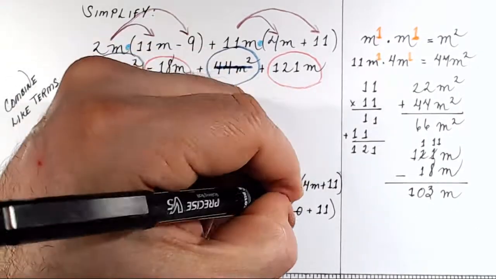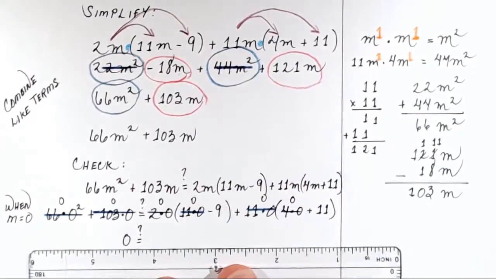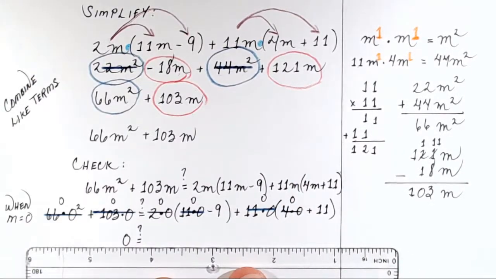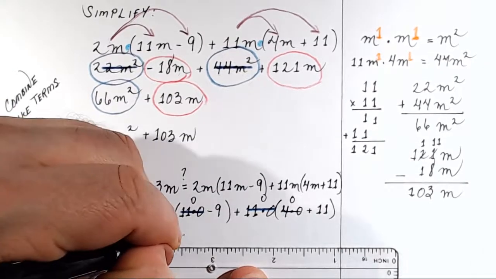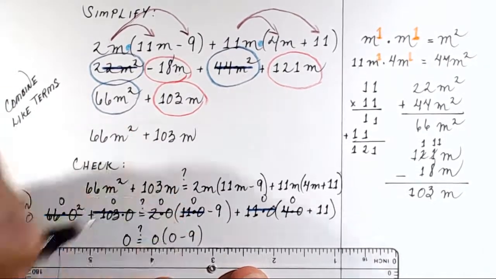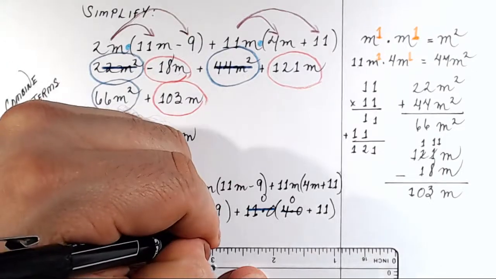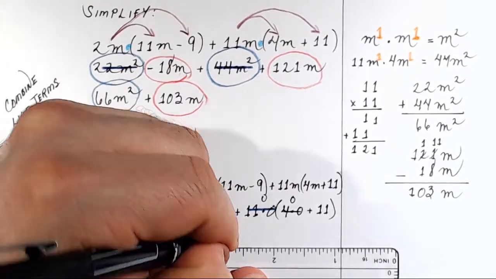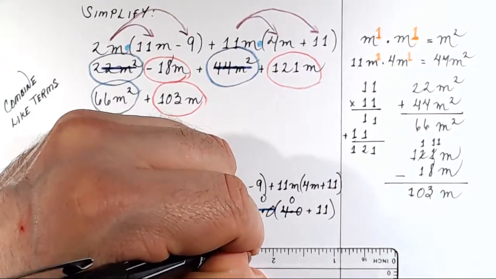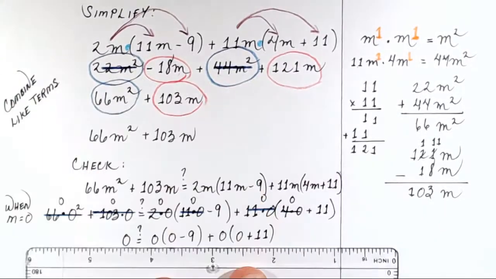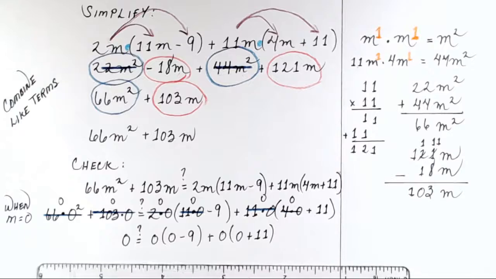Okay. So I'm going to write out these zeros on the right side so we can see what we're working with here. I've got 0, open parentheses, 0 minus 9, close parentheses, plus 0, open parentheses, 0 plus 11, close parentheses. Well, let's just keep plugging away.